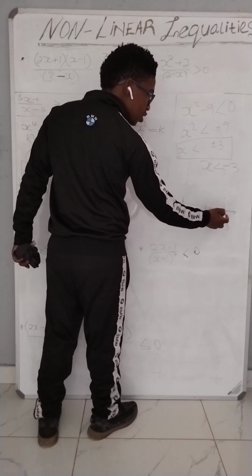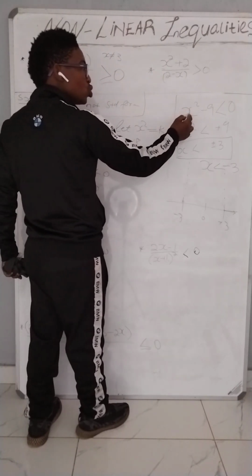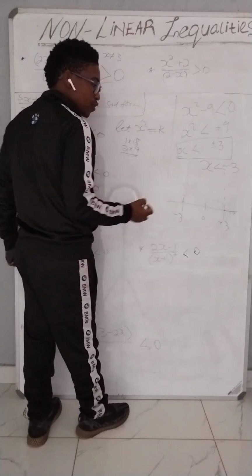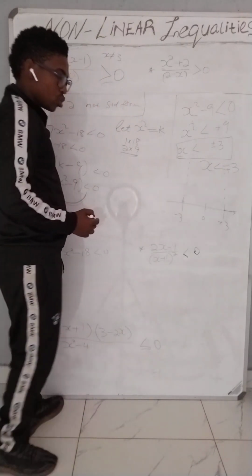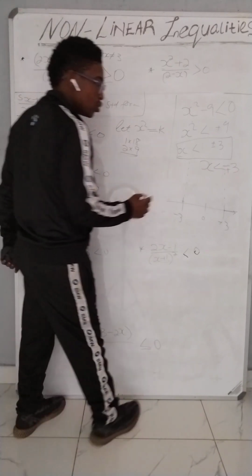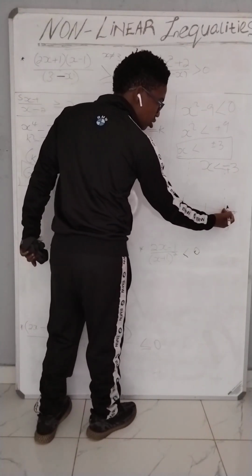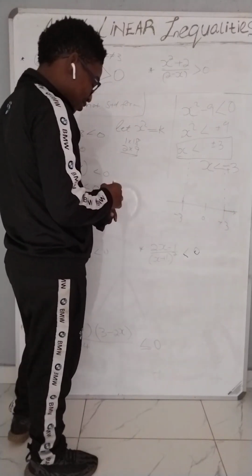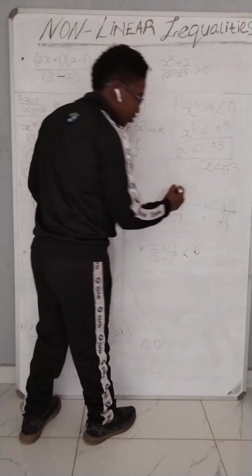if you have less than 3, let's say you have 2. 2 squared is 4. And then 4 minus 9 is negative. So it means even positive 3 is correct. So then you know that your x is this side. Your x is less than 3. Let me put it this way.